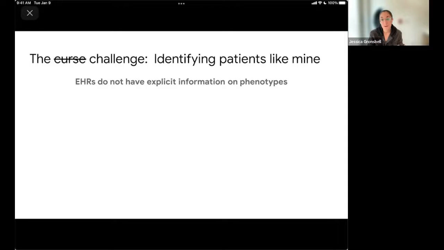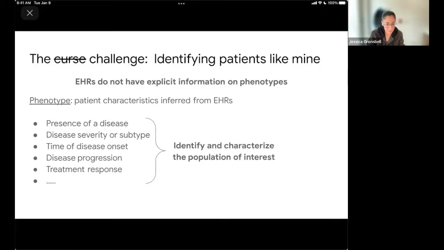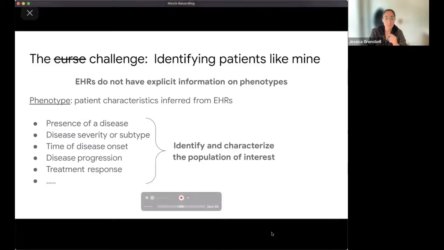This is because they don't have explicit information on what are called phenotypes. Phenotypes are just patient characteristics that you can identify from an electronic health record. Really basic things you need to understand: Does someone have a disease, say, do they have diabetes or not? How severe is it? Is it type 1 or type 2? When did they get it?